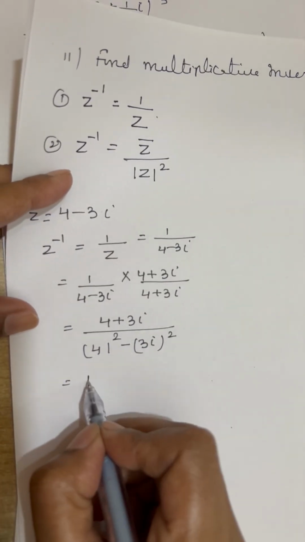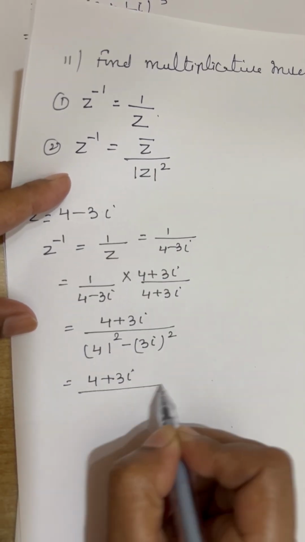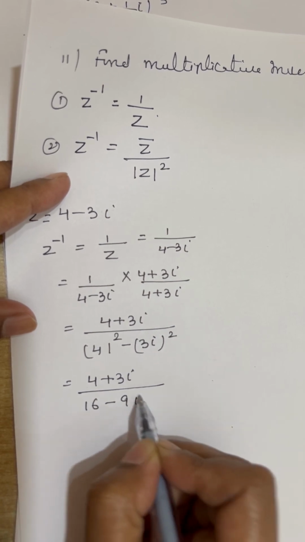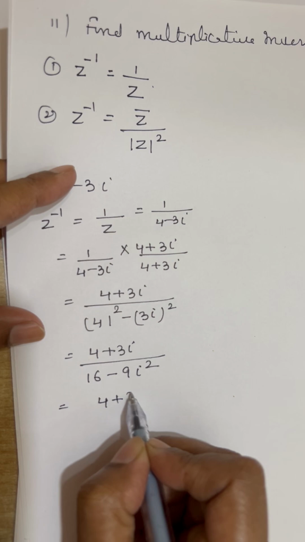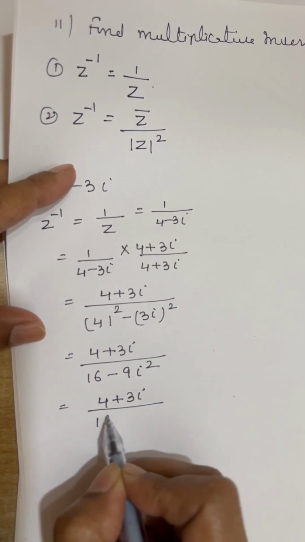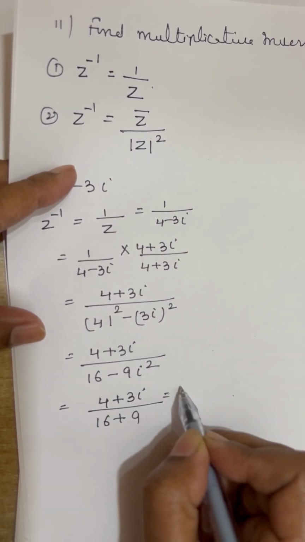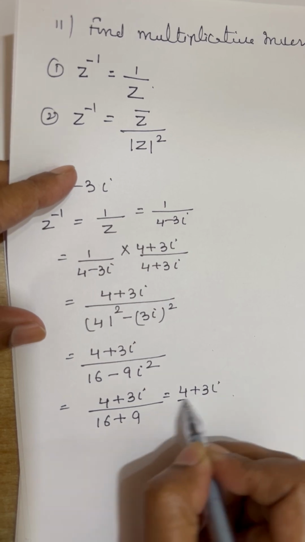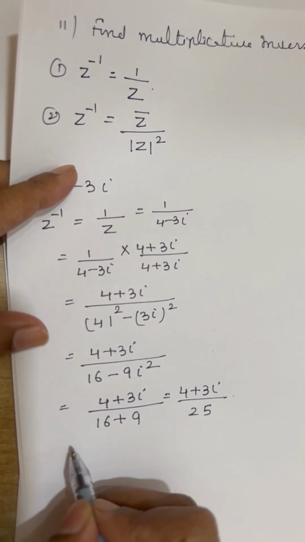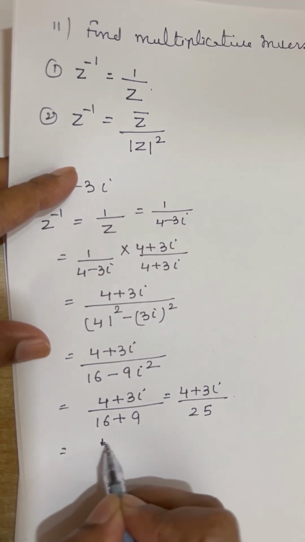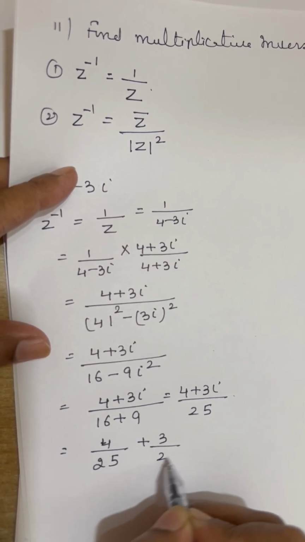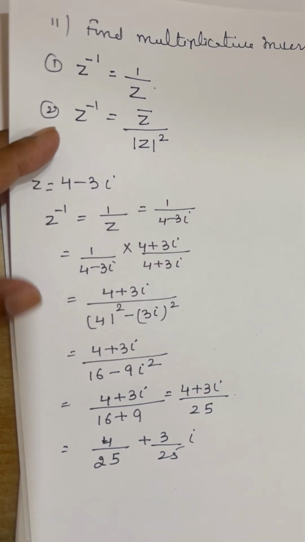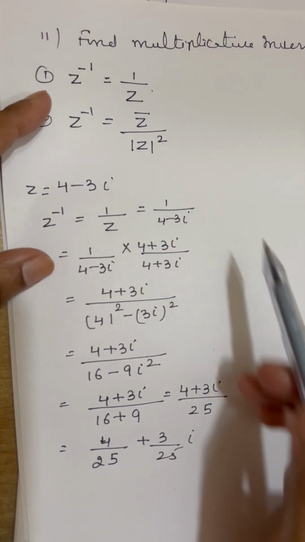So this becomes 4 plus 3 iota upon 16 minus 9 iota square. As iota square is minus 1, so this becomes 16 plus 9, 25. In the end, we separate 25 upon both 4 and 3. So this is the answer. This was using first method.